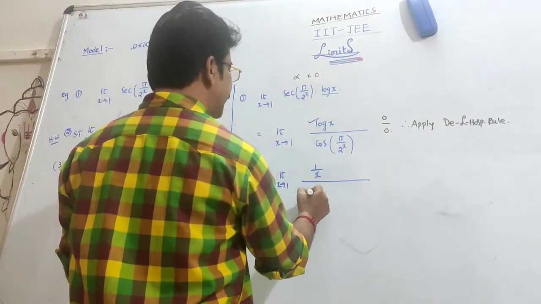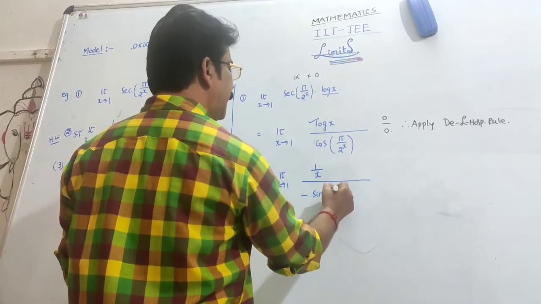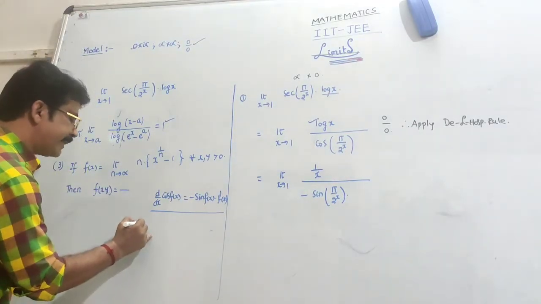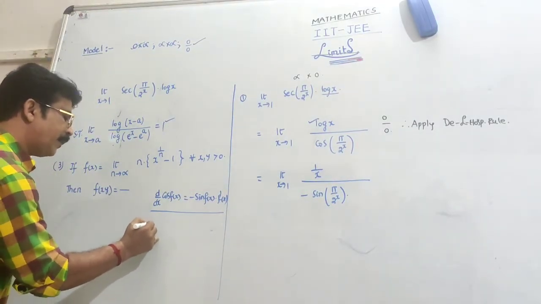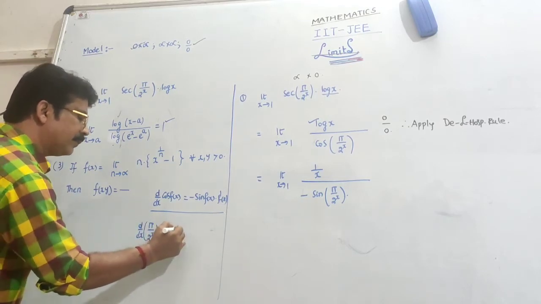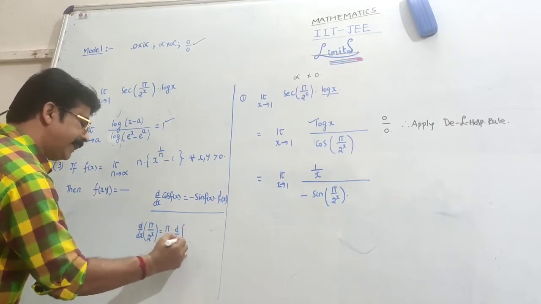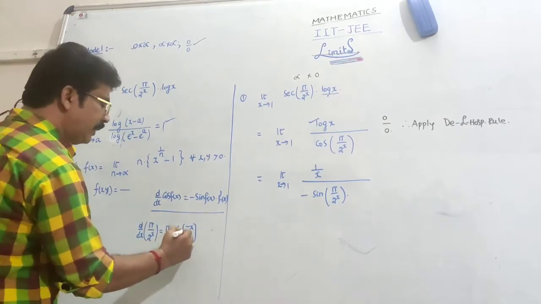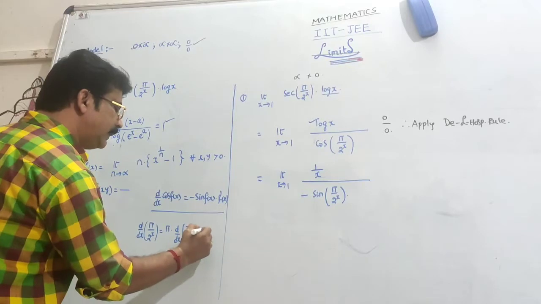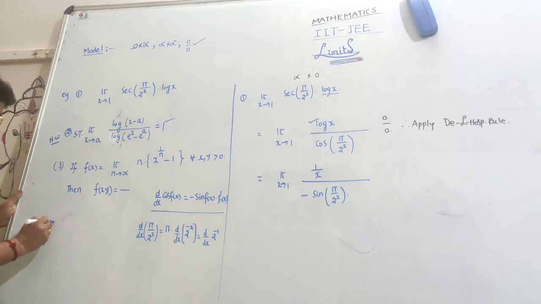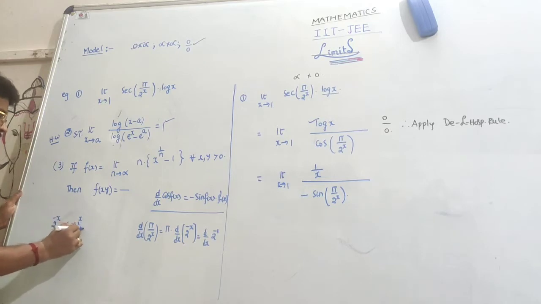So minus sin of (pi by 2) power x into, rough work, d by dx of pi divided by 2 power x. Pi is a constant. We can write it as 2 power minus x, which is 2 power minus 1 whole power x.